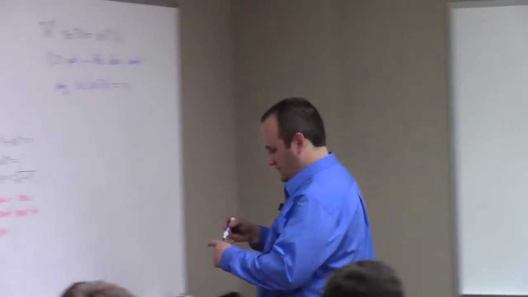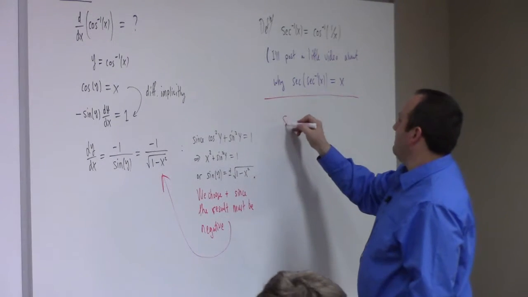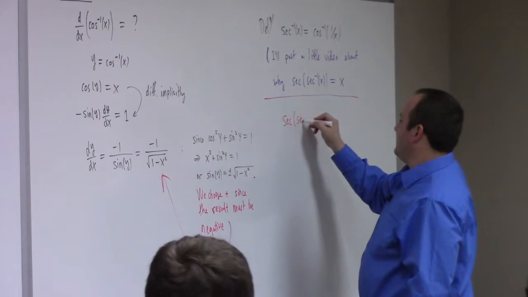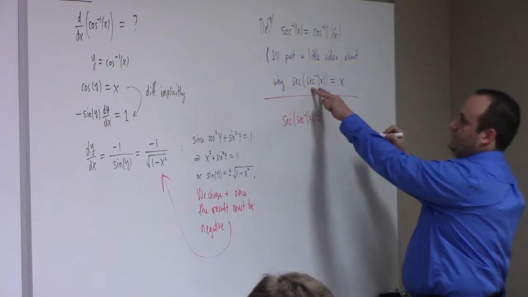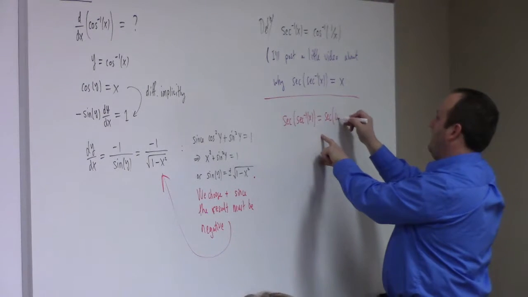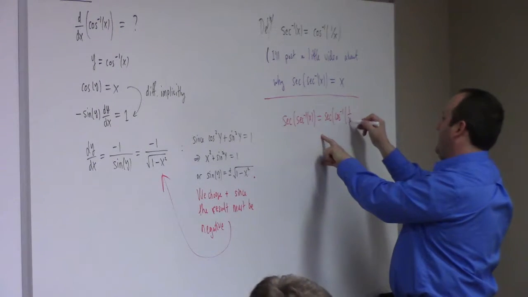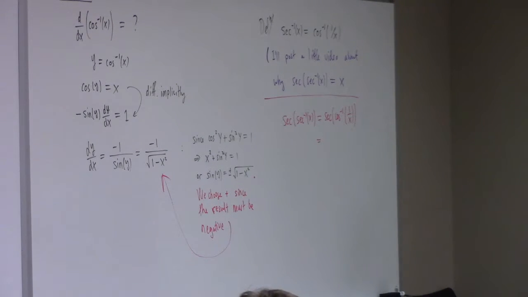I guess I can take 30 seconds of class time to do it, though, can't I? So what is secant of secant inverse of x? We define secant inverse of x as cosine inverse of 1 over x. But what is secant? 1 over cosine.